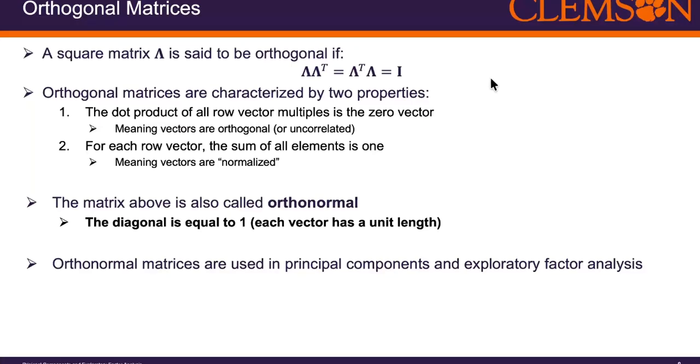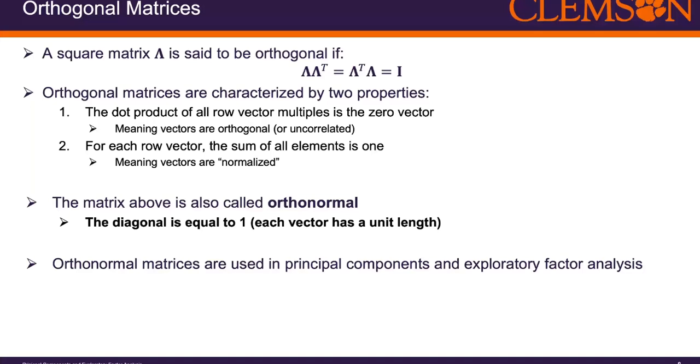So orthogonal matrices are characterized by 2 properties. The dot product, or the row of all row vector multiples, is the 0 vector. Remember, to do matrix multiplication, each element of the matrix represents the dot product between the row and column of that respective element from the pre and post multiplying matrices.